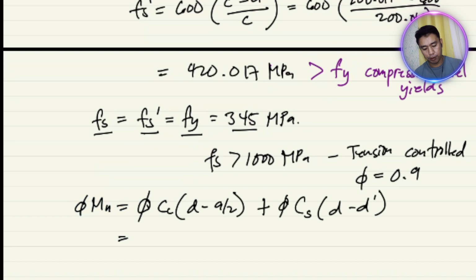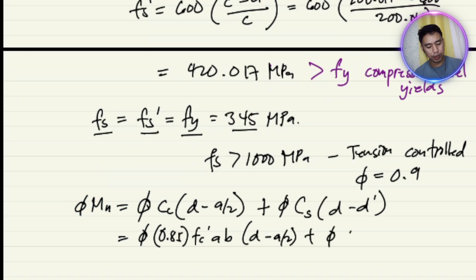So, we can have, ano yung CC? Phi times 0.85 of FC prime AB times D minus A over 2 plus phi times, ang CS natin is compression ng steel is AS prime FS prime.